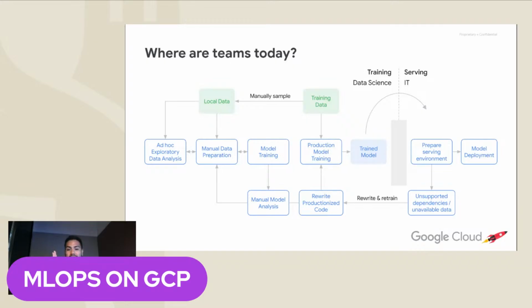It pretty much just stops right there. They take that model artifact and they throw it over the fence to IT. They drop it on their laps and they say, hey, you all figure out how to deploy this thing. IT people are not skilled in the considerations when it comes to machine learning and data science and statistical analysis, right? That's not their background. So there appears to be a great disconnect between these two teams, and MLOps aims to solve this disconnect.